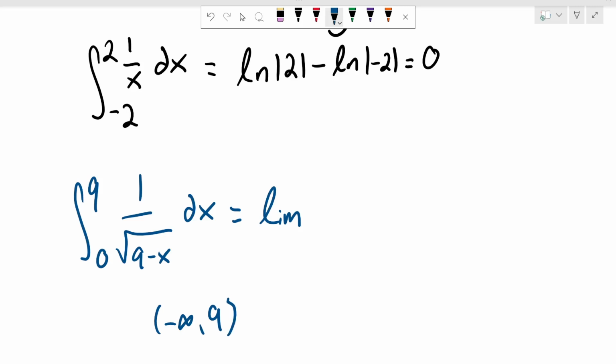So here we're looking at the left side. So we're going to be taking the limit as x approaches 9 from the left, or not x, but rather the bound, right? So we'll call it b. So we're going from 0 to b of 1 over the square root of 9 minus x.